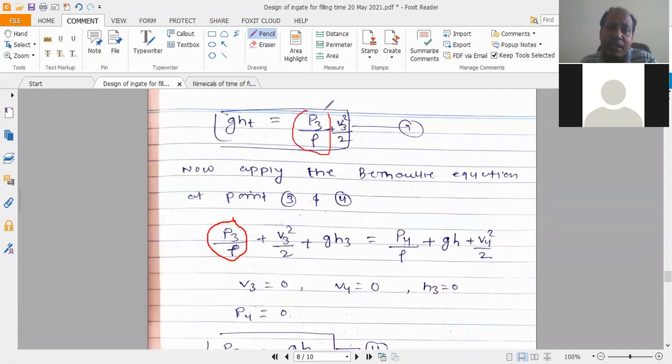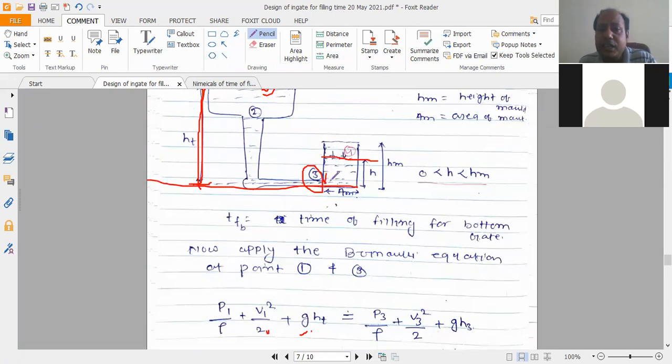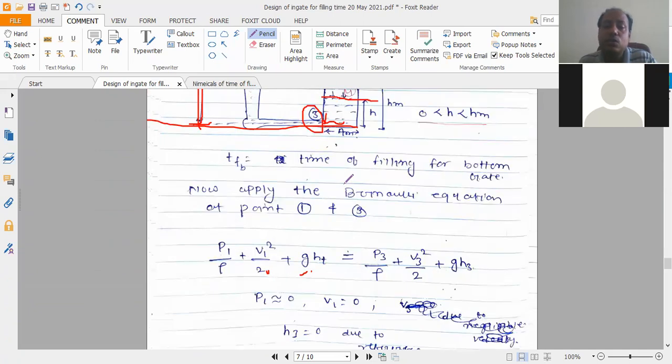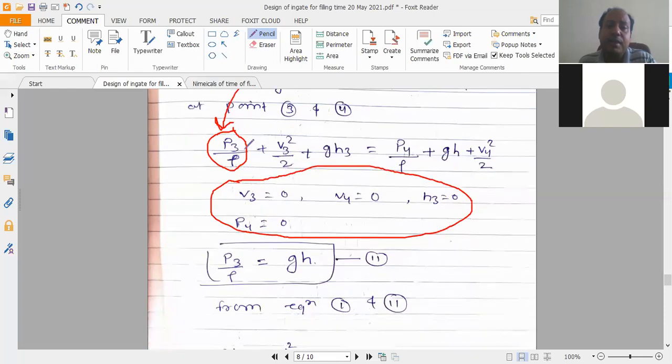Here we can find p3 by rho, the pressure head at point 3 due to the height h, by assuming negligible velocity entering into the mold cavity. Applying these conditions, the velocity term goes to 0, s3 also goes to 0, and p4 is taken as 0 because the height h is taken as here. gh remains, and V4 is also negligible at the top of the mold.